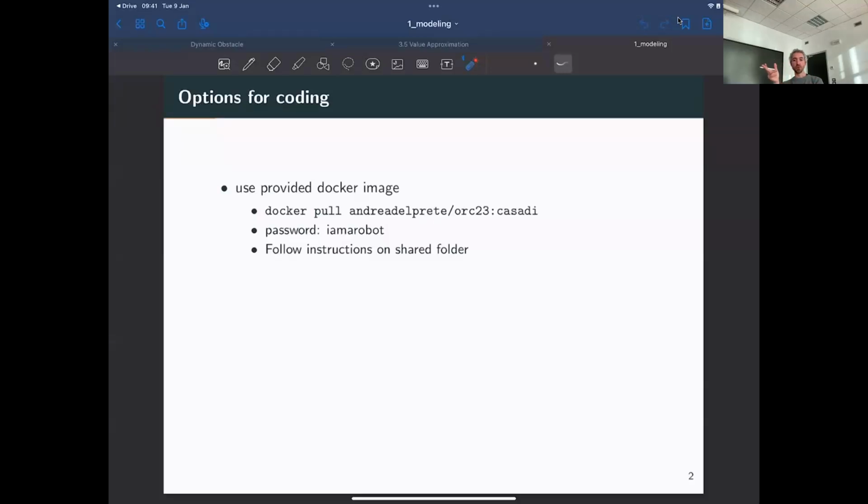If you have Ubuntu, of course, it's going to work because it's an image of an Ubuntu machine. And even if you have Windows, you can use it under WSL 2, possibly, so the Windows Subsystem for Linux. And this is my recommended option for coding in this class. Because if you use this Docker image, you will have all the necessary libraries already installed.